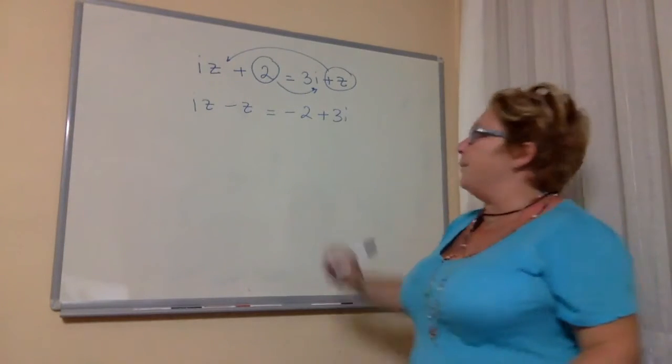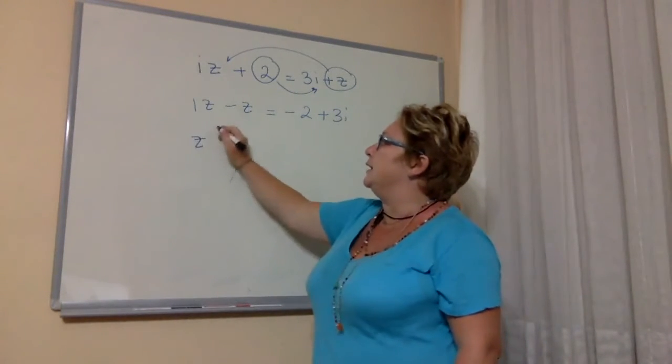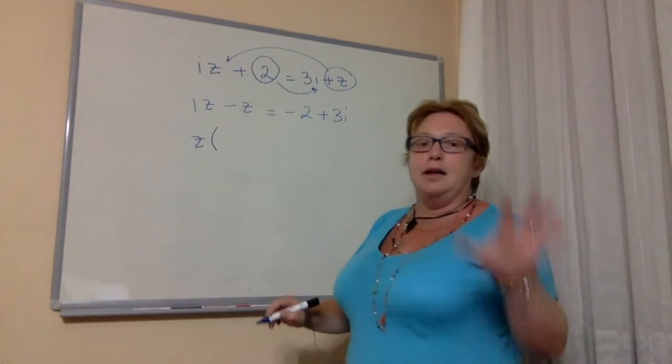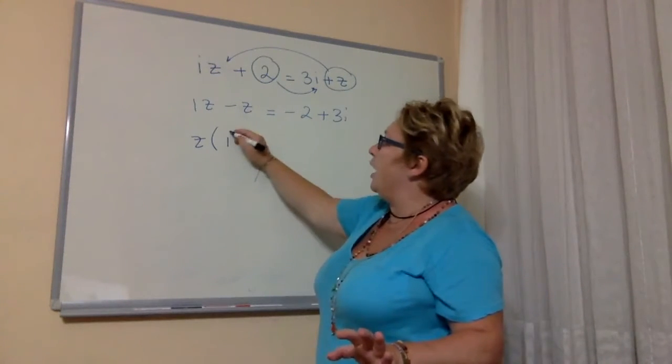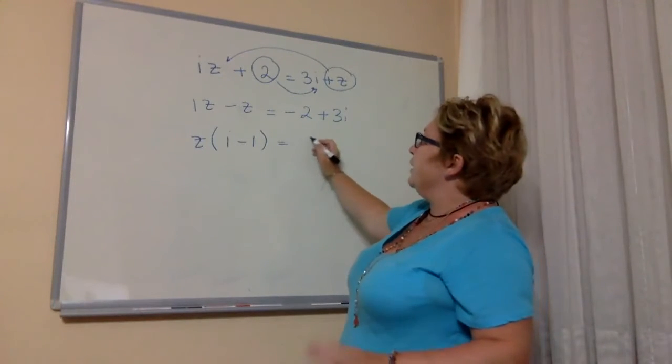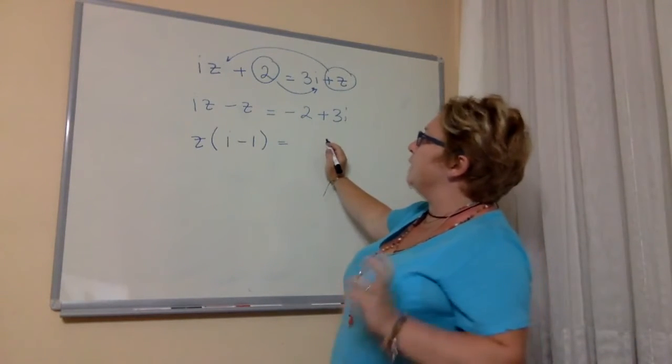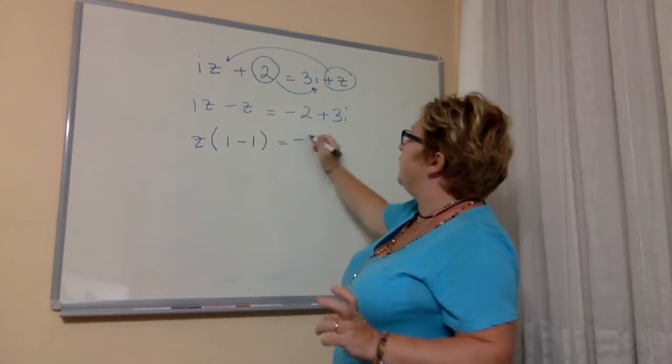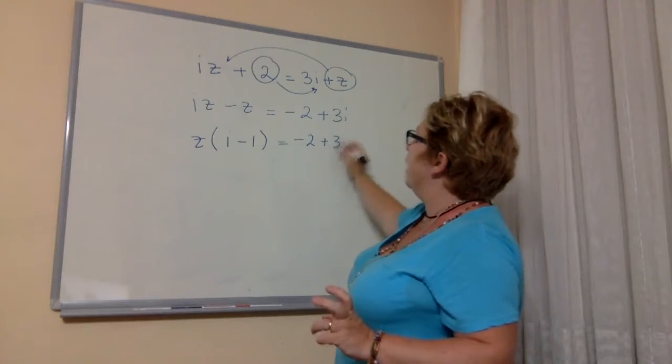Now the next step is to factor out the z as a common factor. So we'll just have i minus 1 in the parentheses. So I'll have z times the quantity i minus 1 equal to negative 2 plus 3i.